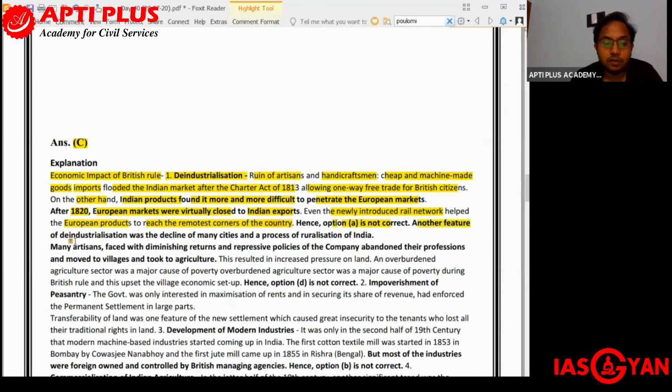Another feature of deindustrialization was the decline of many cities and the process of ruralization of India. So that was another thing which took place alongside deindustrialization. Next, many artisans, faced with diminishing returns and repressive policies of the company, abandoned their professions and moved to villages and to agriculture.